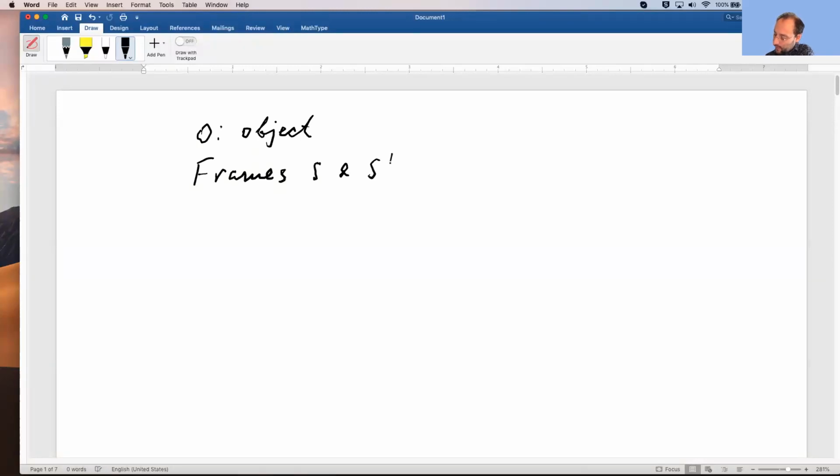You can say that the velocity of the object relative to S is the velocity of the object relative to S prime plus the velocity of frame S prime relative to S.